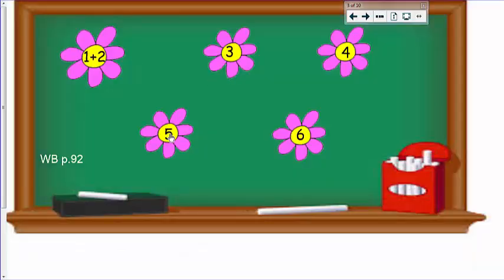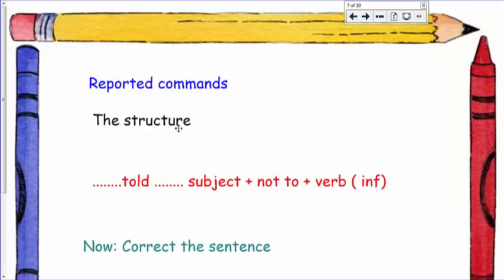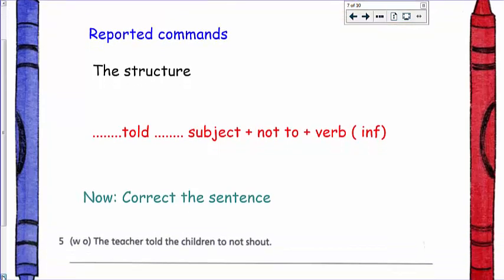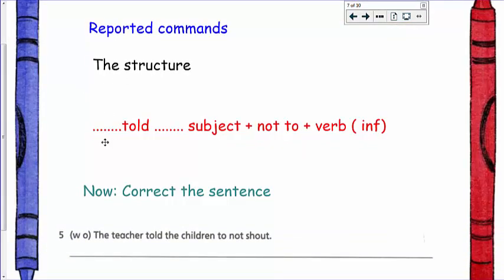Number 5. Reported comments. We took this rule before, maybe in 5th grade. The structure will be who, told, whom, plus subject, then not to, plus infinitive verb. This is a comment.